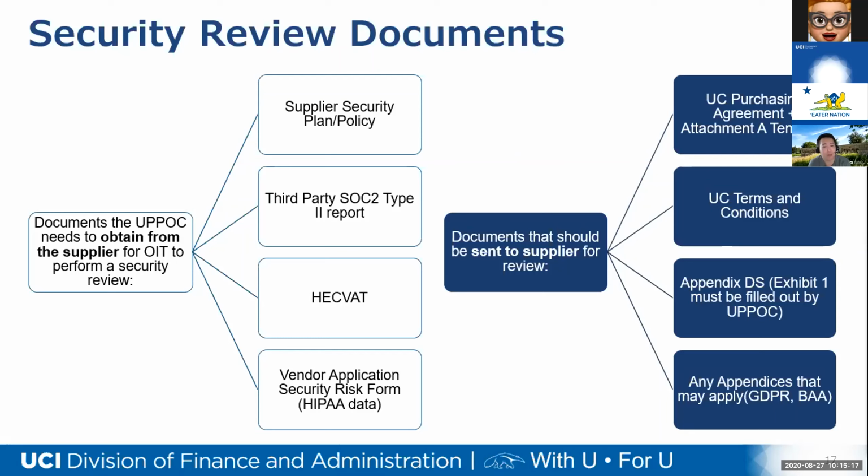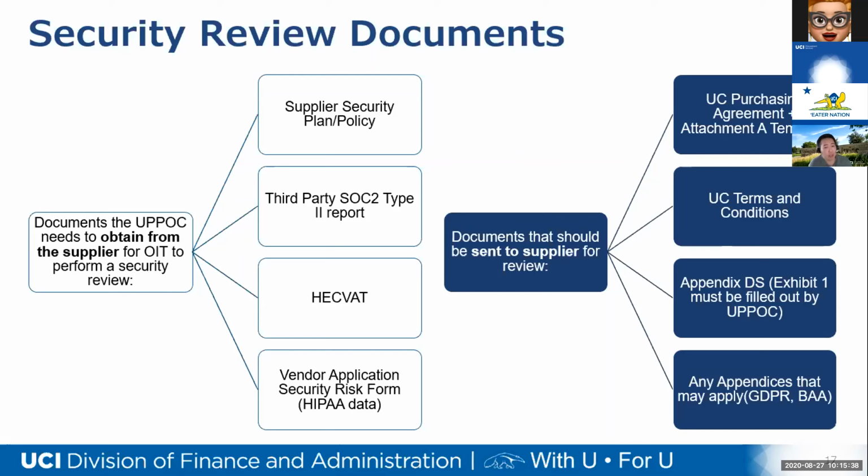This consists of the UC purchasing agreement and Attachment A, which needs to be completed by the department, or at least drafted, the UC terms and conditions, Appendix DS, and Appendix GDPR or BAA if applicable.